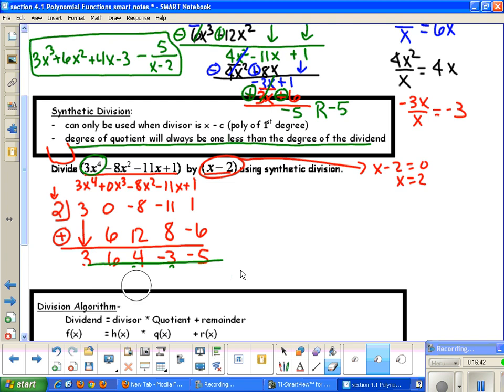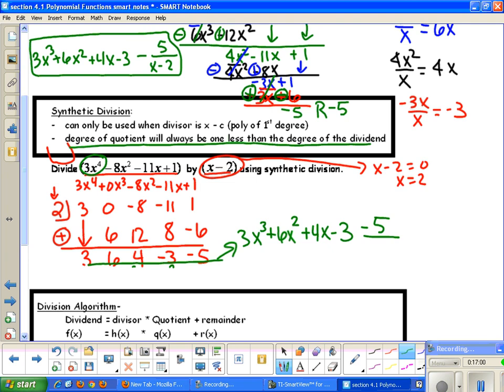Let's do that again. I'm going to write it over here. So 3x to the third power plus 6x squared plus 4x minus 3, and then our remainder is negative 5 over x minus 2, because this right here is always your remainder.